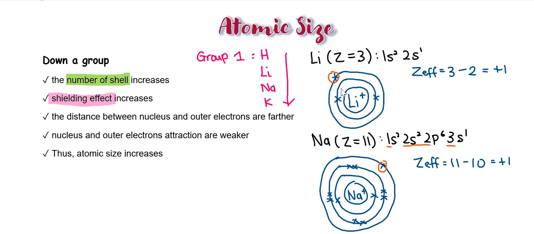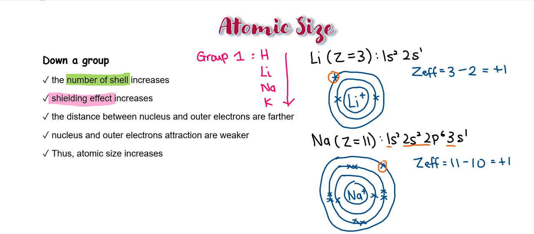Kita ada inner shell, inner shell ni dia akan shield the outer electron daripada tarikan positive charge of the nucleus. That is the shielding effect. Maksudnya makin banyak inner shell, makin terhindarlah the outer electron ni daripada tarikan nucleus.